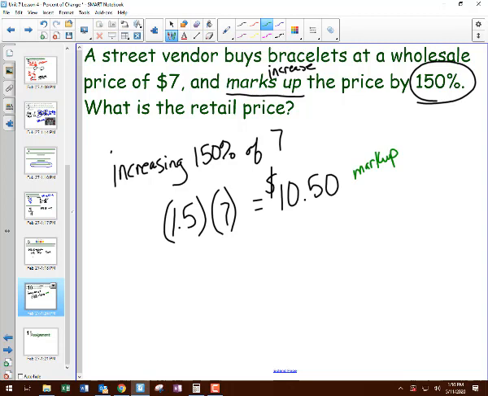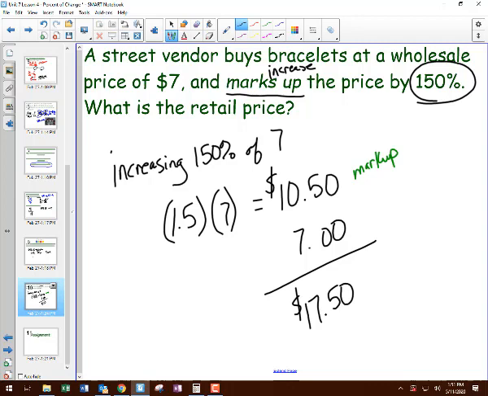Okay, that's the increase of 150%. What we need to do now is add the original back to find how much the retail price would be. We work that out, we're going to get a $17.50 bracelet.